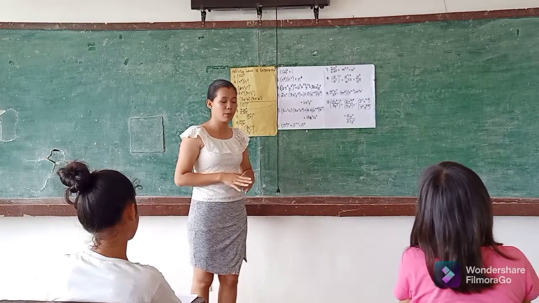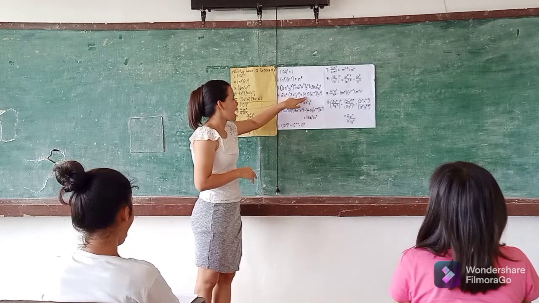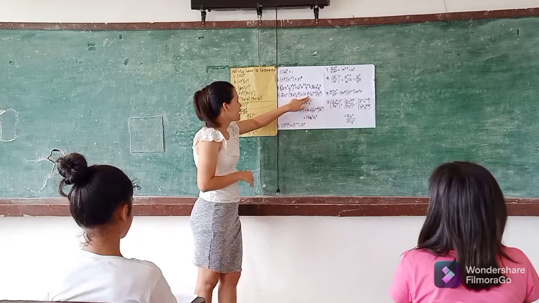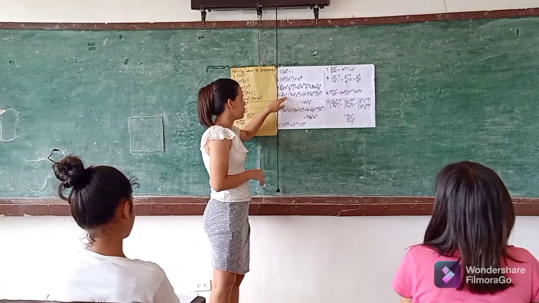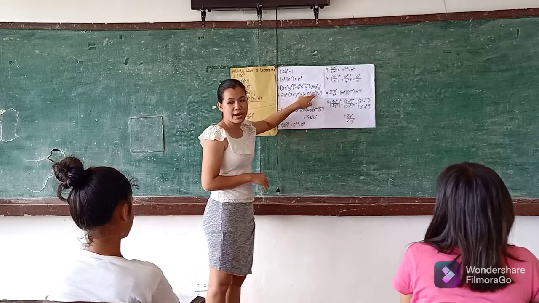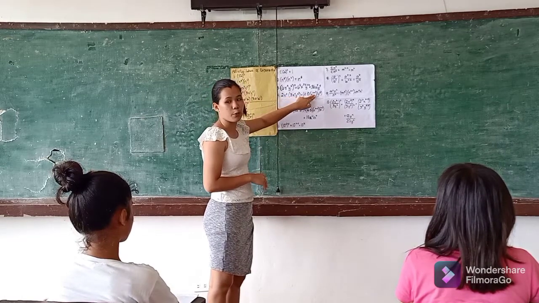the coefficient and the variable. So the coefficients here are 2 and 3, so we multiply 2 and 3. Then we have the same variable, which is x, so we add their exponents: x squared and x raised to 4.